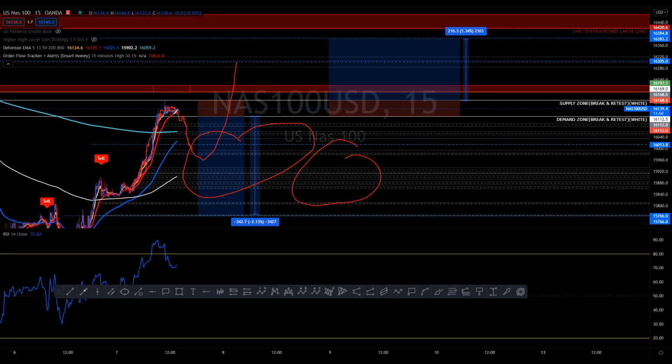But if the yellow EMA continues to stick up and then price crosses this line, breaks and retests and goes up, then it's probably lining up with all my other confluence, and that gives the indication that they're probably going to drive price to fill this imbalance and create an all-time high and then sell it. So we just have to wait and see which way it's going to go at the 9:30 bell.